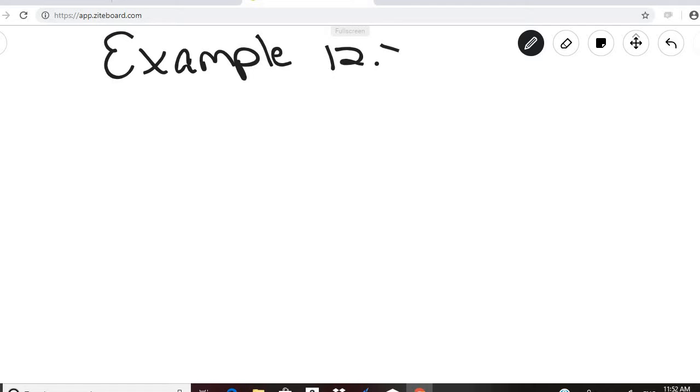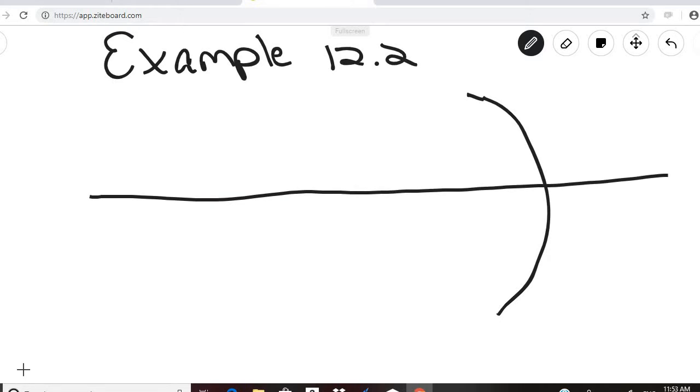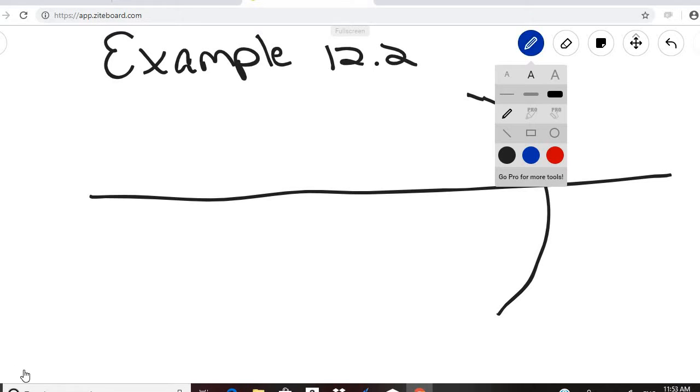Okay, example 12.2. So again, we're going to have a concave mirror. So we'll draw that line through the center of that concave mirror, and this problem tells us that an object is placed 5 centimeters away, and the radius of curvature is 14 centimeters.